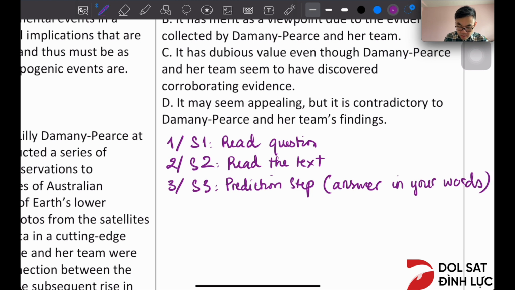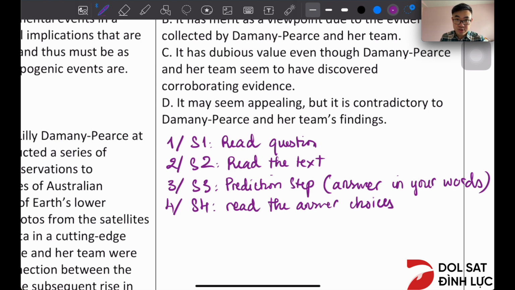All right, and then after that, in step 4, you would read the answer choices. Now, it is very important to note that this step is not done until after you've made your predictions. So try to have your own idea first before you look at the answer choices.